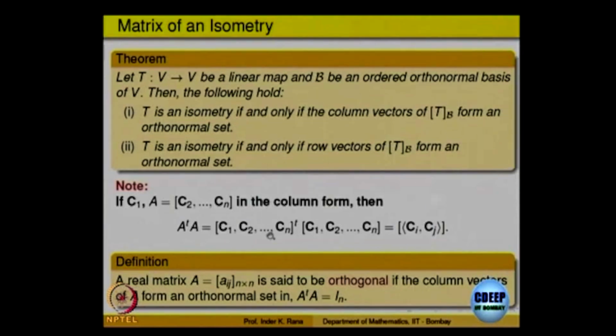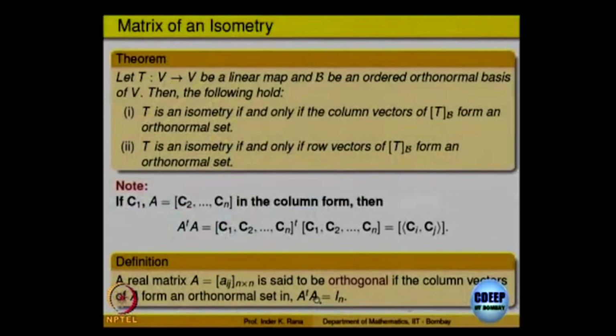So let us give that a name. Matrices which have the property that A transpose A is identity, let us call them orthogonal. We say that a matrix is called orthogonal if the column vectors form an orthonormal set, which is the same as saying A transpose A is equal to identity. So square matrices which have the property A transpose A is identity, we will call orthogonal matrices.